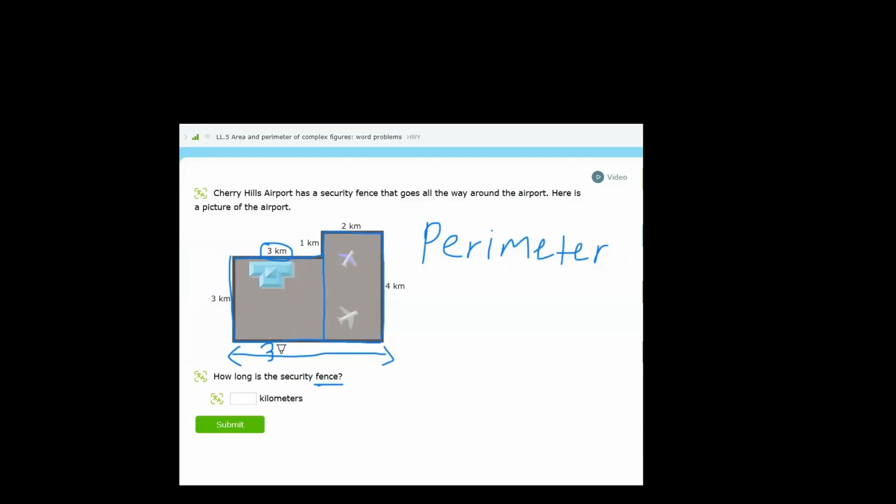So this part is also 3 kilometers. Now this rectangle here, this portion here is 2 kilometers. That means across, this must be 2 kilometers as well. And if you add them all up, the first part being 3 kilometers and the second part being 2 kilometers, you'll get a total of 5 kilometers at the bottom.